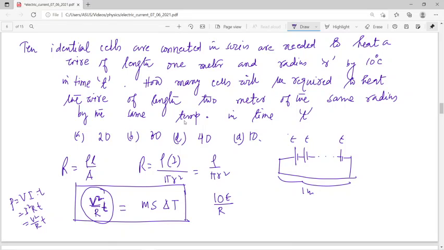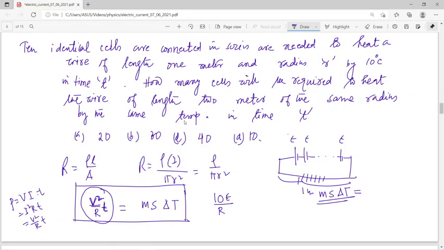The question asks how many cells will be required to heat the wire of length 2 meter of the same radius. That means how much heat will be produced? What is the formula for heat? It is nothing but mass into specific heat into temperature difference. That is the power dissipation. That means due to power dissipation the heat is produced. So that's why you can equate these formulas.